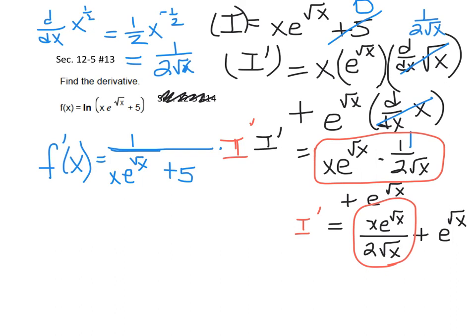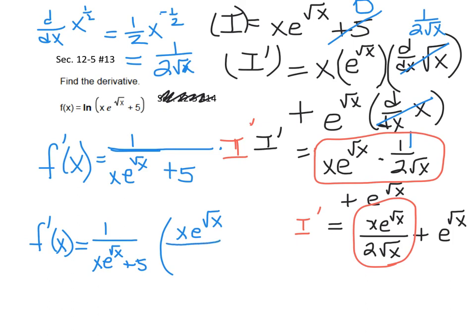So f prime of x is equal to 1 over x e to the square root of x plus 5 times the quantity x e to the square root of x over 2 square root of x plus e to the square root of x.